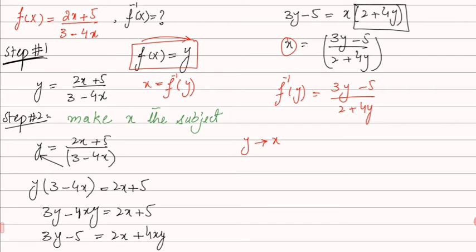Listen, x and y are dummy variables, so it doesn't matter. Inverse is an operator, okay? It's only an operator that is applying certain steps to make f inverse of x equal to 3x minus 5 divided by 2 plus 4x. So that's how we find the inverse of a function, okay?